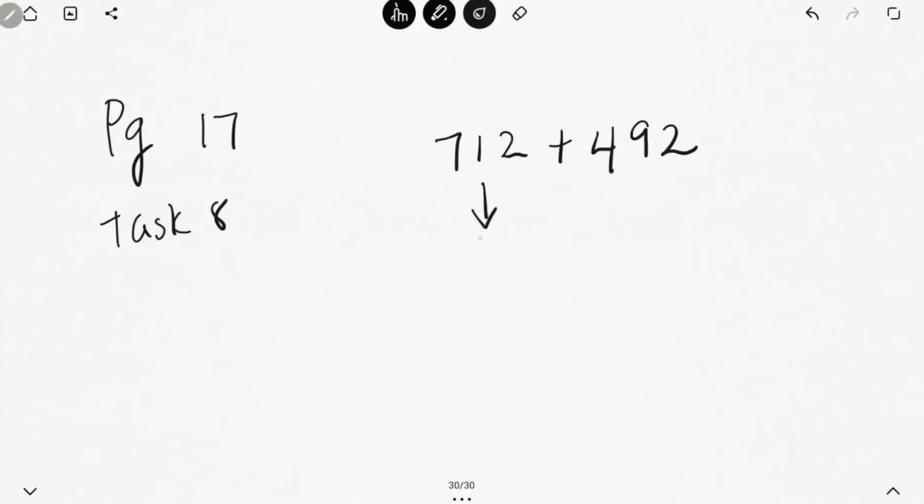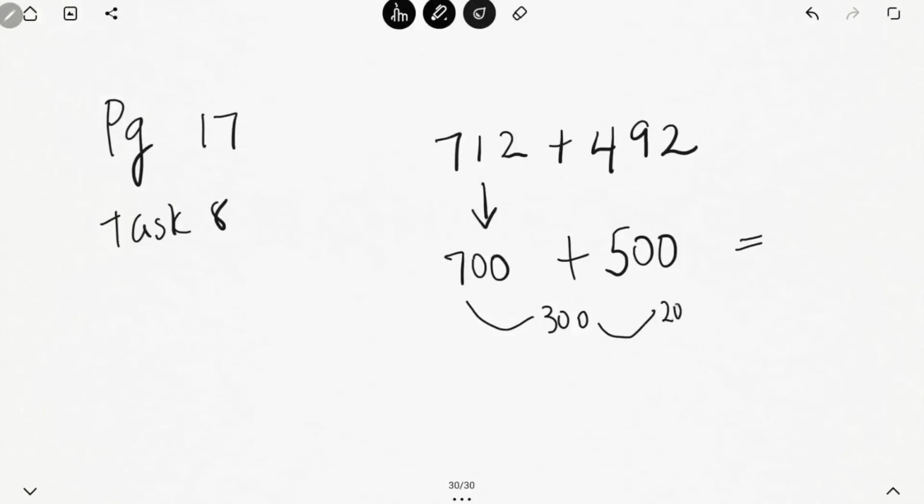All right, you should have seen, based on everything we learned, that 712 is close to 700, right? And 492 is close to 500. Okay, and 700 plus 500, what do you get? Use mental math. 700 plus 300 will give us 1,000, plus 200 will give us approximately 1,200.